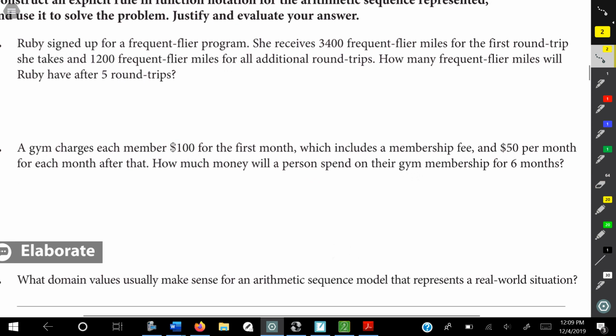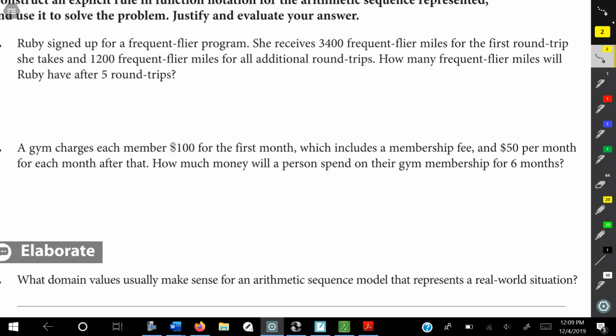So here it says Ruby signed up for a frequent flyer program. She receives 3,400 frequent flyer miles for the first round trip she takes and 1,200 frequent flyer miles for all additional round trips. How many frequent flyer miles would Ruby have after 5 round trips?